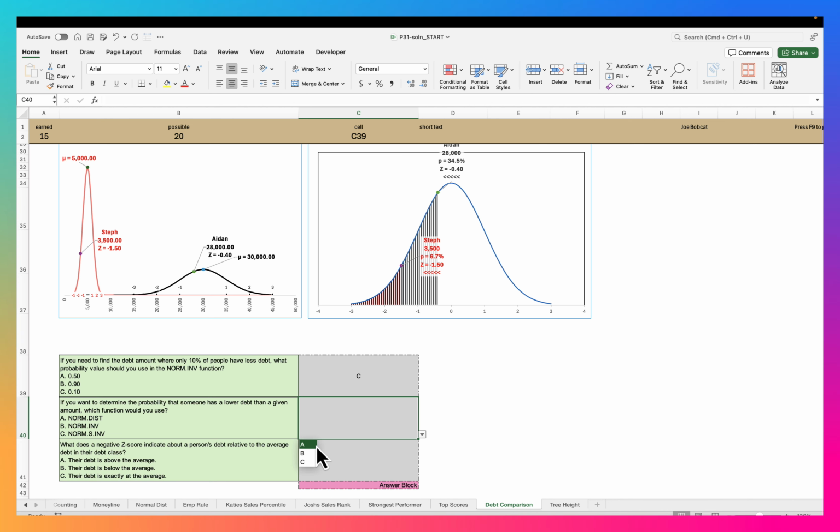Norm dot dist. And what does a negative z-score indicate about a person's debt relative to the average? They're below the average. All right, we got all this.